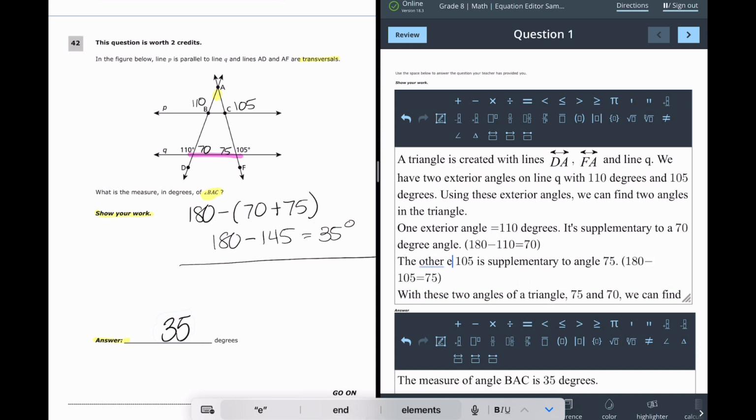The other exterior angle is equal to 105 degrees. Its supplement is a 75 degree angle.